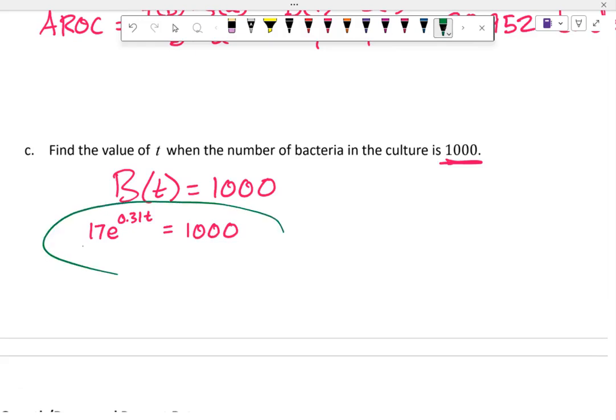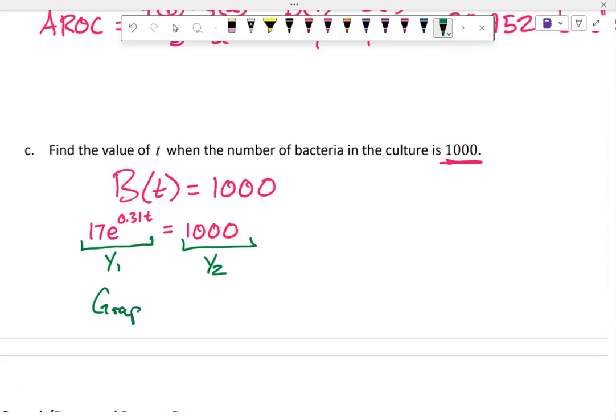When we have an equation like this that we want to solve and we don't know how to do it by hand yet, or it's just one we don't want to do by hand, put it into y1 and y2, graph, and what are we going to calculate? The intersection. Do you remember that?